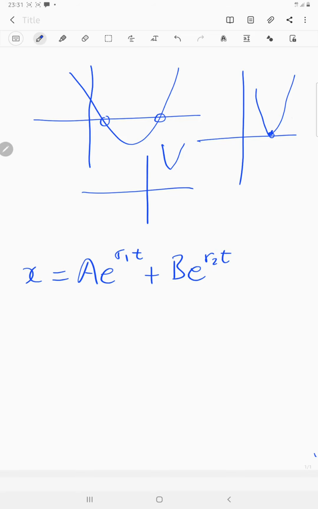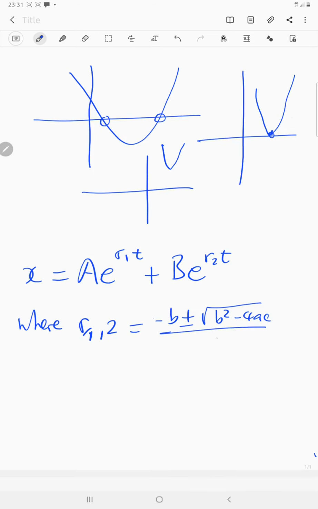So this is the solution, where in this case r1 and r2 are derived from negative b plus or minus the square root of b squared minus 4ac, divided by 2a. So whatever solution we get for r1 and r2, we can substitute them in that equation to get the value that we need.